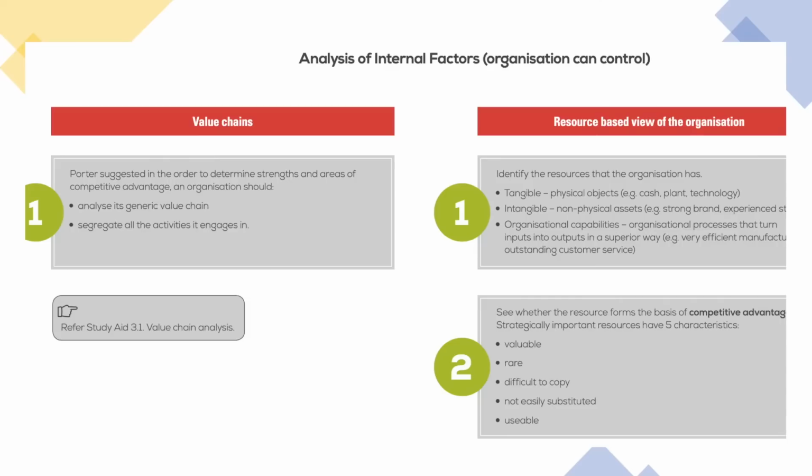The value chain can be the internal factor through which we can understand the strengths and weaknesses, because as you remember, when we do the SWOT analysis, we need these internal factors. So we can analyze its generic value chain and segregate all the activities it engages in. And the other method is the resource-based view. What are the resources that the organization has, and what competitive advantages does the organization have based on these resources?